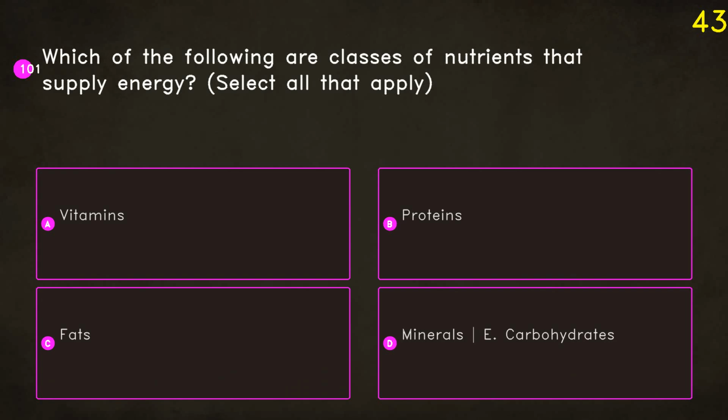Question 101. Which of the following are classes of nutrients that supply energy? Select all that apply. A. Vitamins. B. Protein. C. Fats. D. Minerals. E. Carbohydrates.